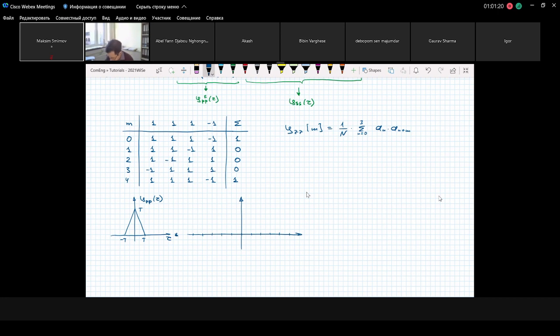Actually, I think maybe in order to avoid confusion, we remove this, and here we just write 4, and then when we normalize, we get the result as it should be.